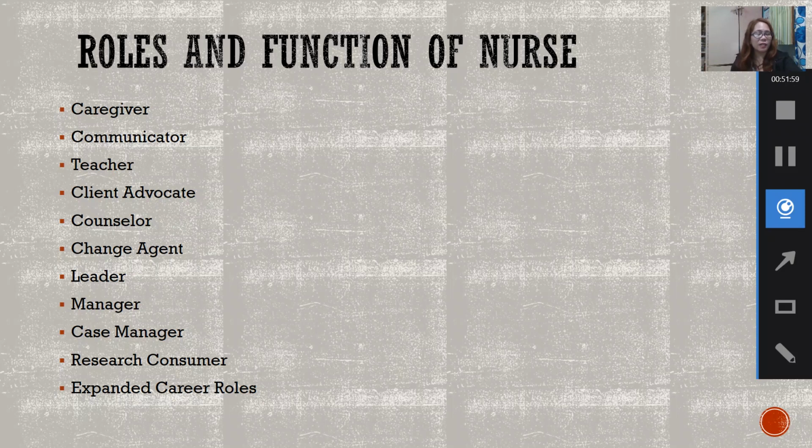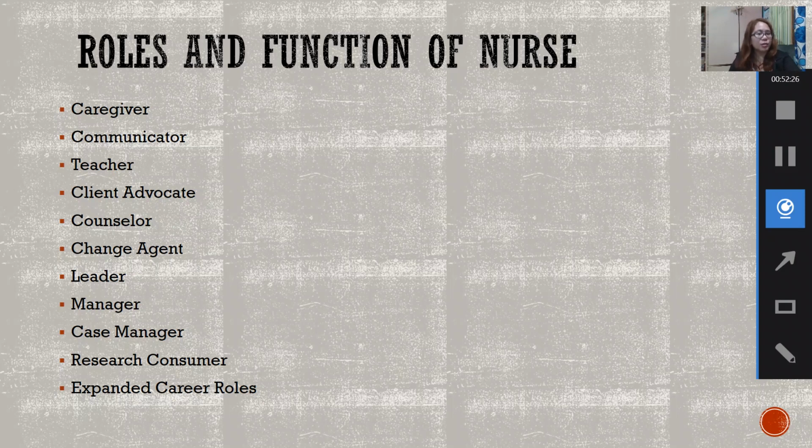Hindi mo i-chismis sa iba, but of course, you need to share that data to the responsible person or the one handling your client. Who are they? Of course, those are the physician, the doctor of your client, or other members of the team na meron silang part doon sa recovery of the patient or sa treatment of your patient, no?